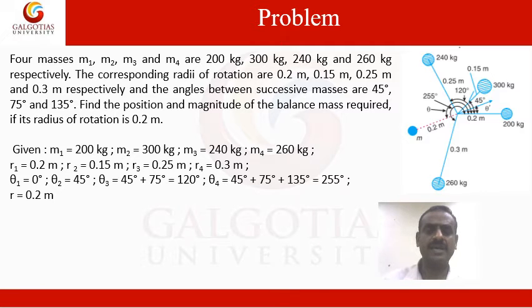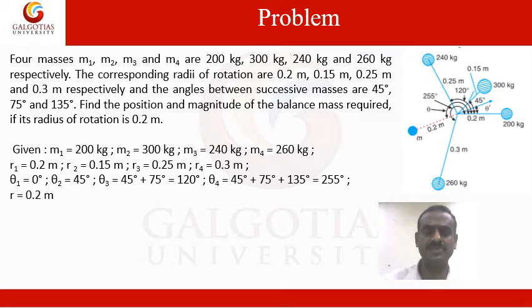The corresponding radii of rotation are 0.2 meter, 0.15 meter, 0.25 meter and 0.3 meter respectively. The angles between the successive masses are 45 degree, 75 degree and 135 degree. Find the position and magnitude of the balance mass required if its radius of rotation is 0.2 meter. So this is the problem.